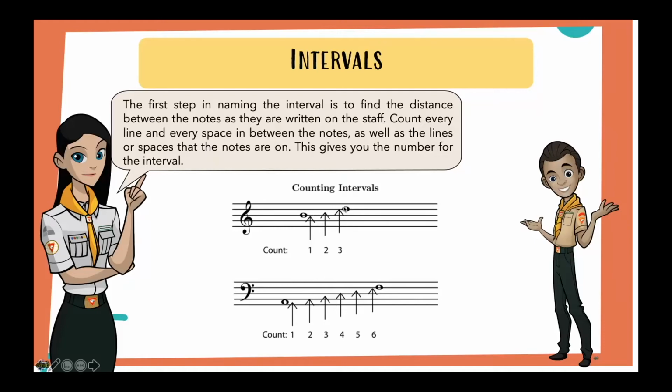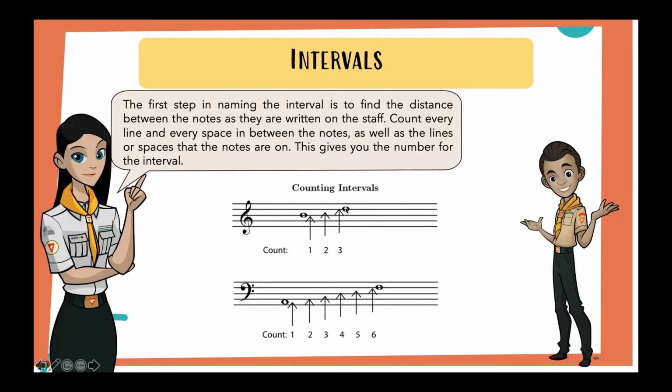So basically, if I want to know the interval, the relationship between B and D, now I need to start counting. Okay. So if I count here, I'm going to count 1. I always start counting from the note I'm going from. So I'm going from a B. So it's B, C, and D. So it's 1, 2, 3.